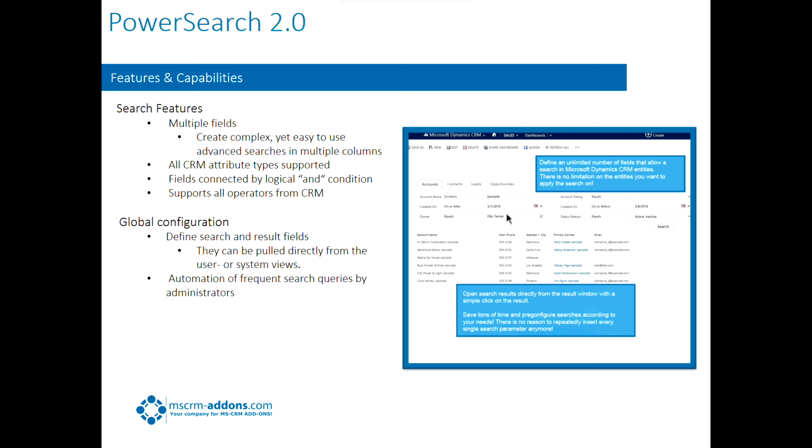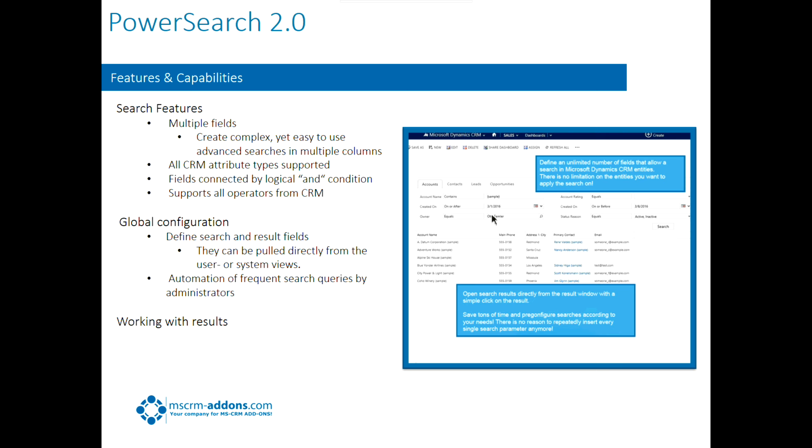The other thing is you can use automation for frequent search queries by administrators. Basically, what that means is I'm able to fill in some of the information as I'm configuring it. Say, for example, if I know I'm going to be looking for a certain date, or a certain name or attribute or something along those lines, I can automatically fill those in. It helps automate the process a little bit better.